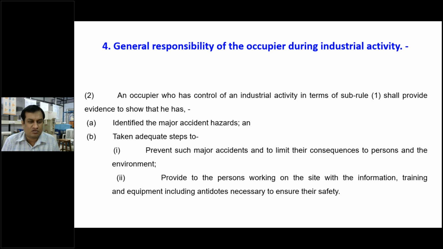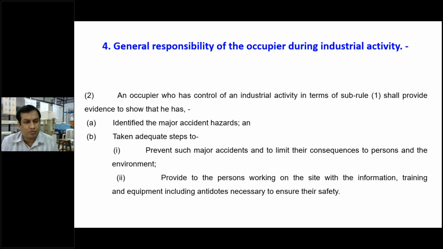We have already discussed this major accident. A major accident may be a fire, an explosion, or a major emission. The activities which directly affect a person's life, that may affect the environment, that may be a major loss of material or damage to the structure, all these are nothing but major accidents.